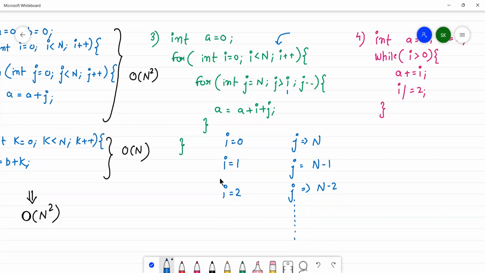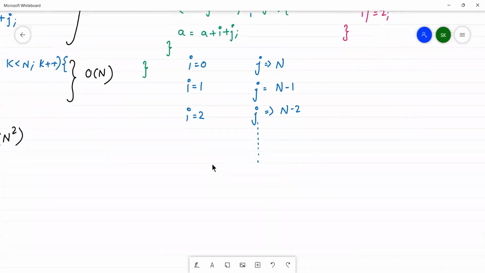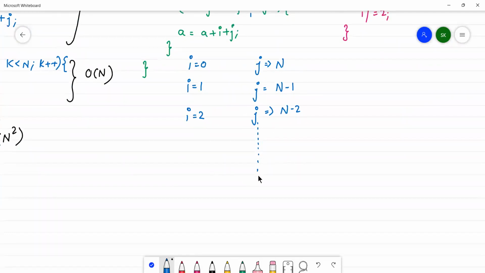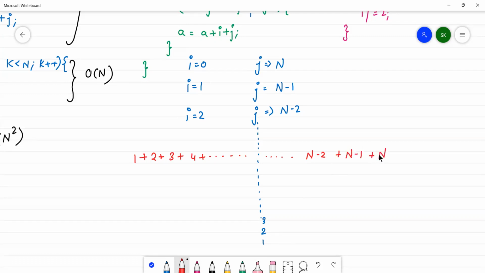It will continue, decreasing one by one. Ultimately, it is going to be 1, 2, and 3. So if you see, it is becoming a series of addition of natural numbers. And you all know the formula for this.